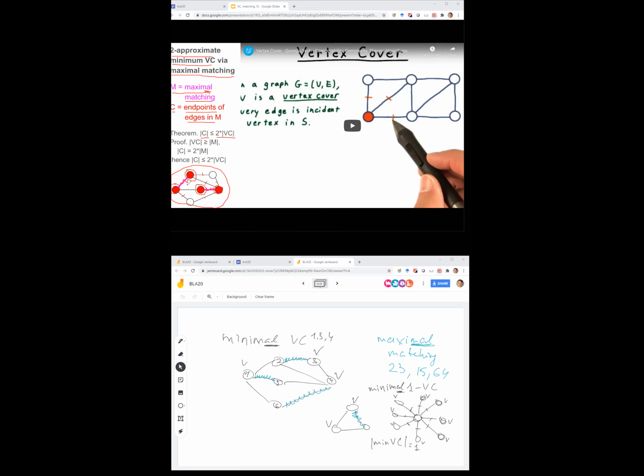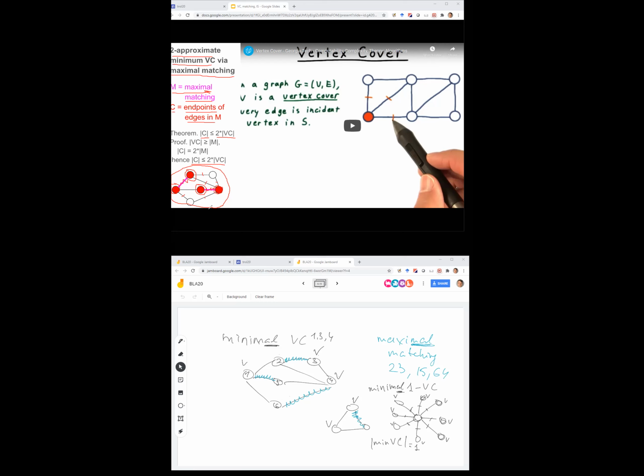Okay, so these four red vertices are a vertex cover. And the claim is that the size of this is at most twice the size of the optimal vertex cover.